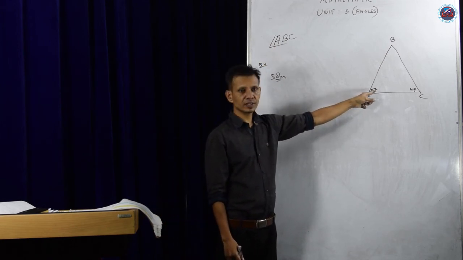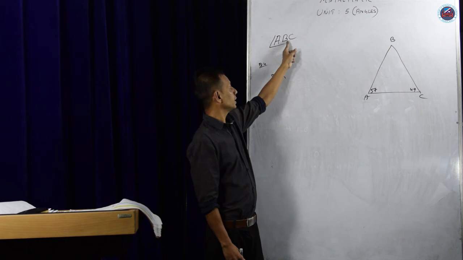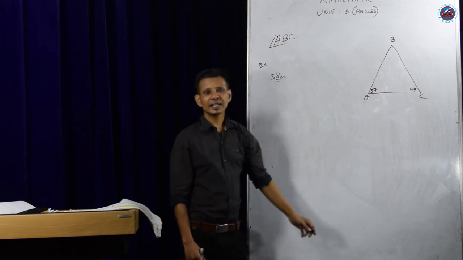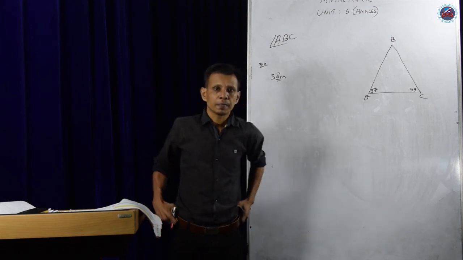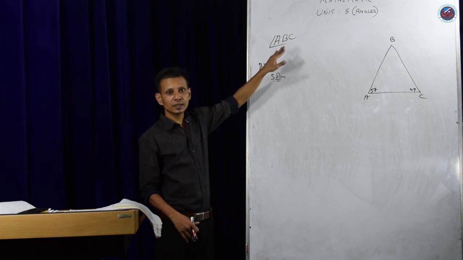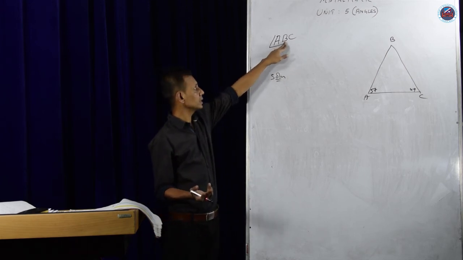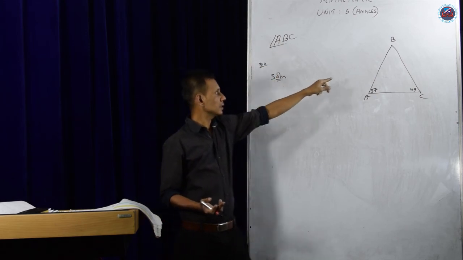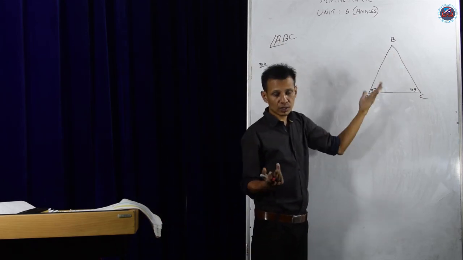It's already 57. Angle C is also 49. Why would they ask to find that? Not like that. Angle ABC, which is in the middle. I told you already, middle is B. That means you are asked to find only B.